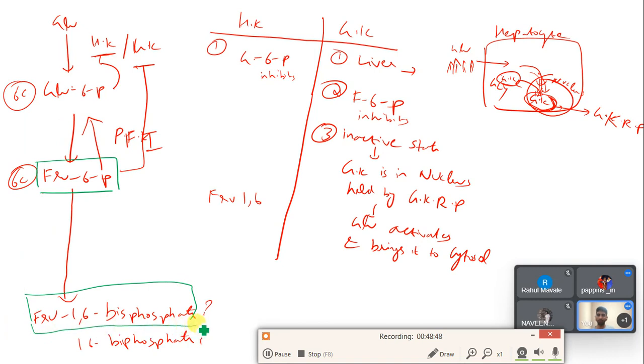This step is so highly regulated that it can determine whether glycolysis should proceed further, slow down, go faster, or go in reverse. Everything is determined by this step. This is the most regulated and most crucial step of glycolysis. So always remember, it's the conversion of fructose 6 phosphate to fructose 1,6 bisphosphate. Okay.